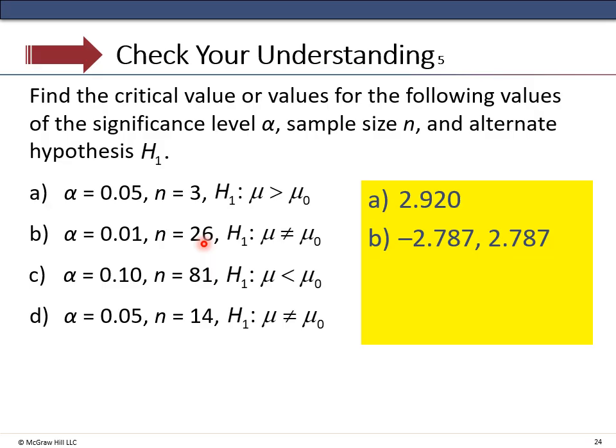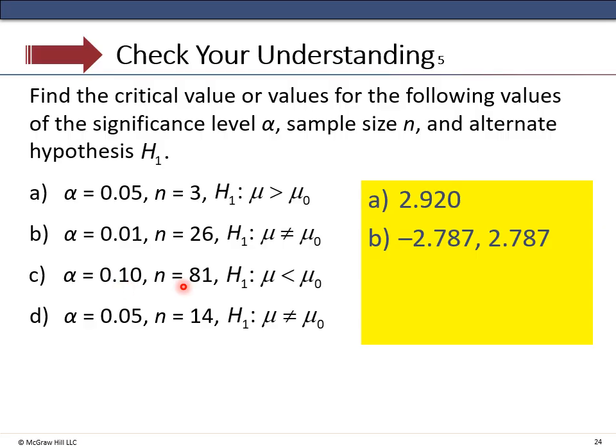So half of that, 0.01, is 0.005, right? And so you can see the value there is 2.787 plus or minus. When it's two-tailed, remember we divide this in half, so we don't go to this column, 0.01, we go to 0.005, which is half of that.